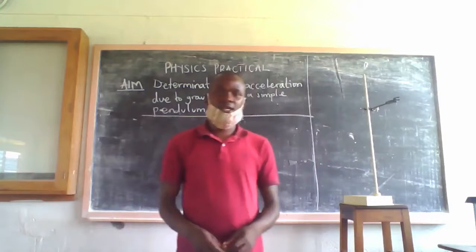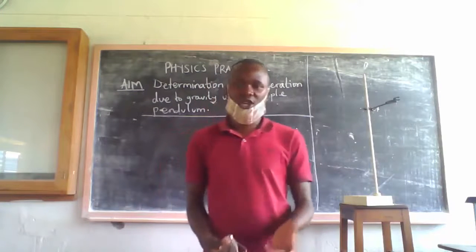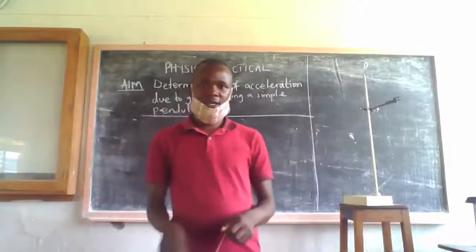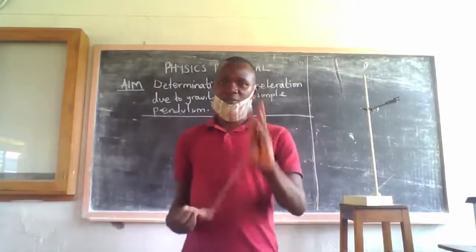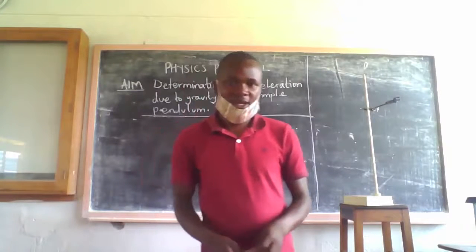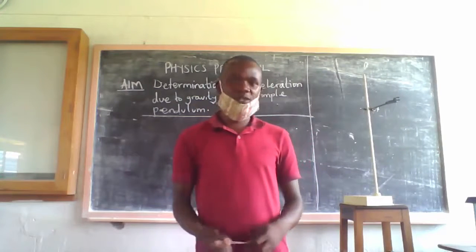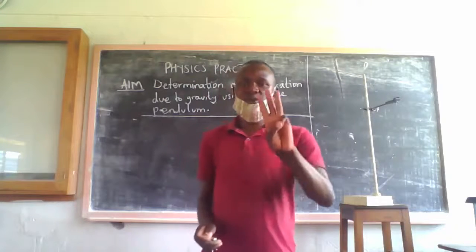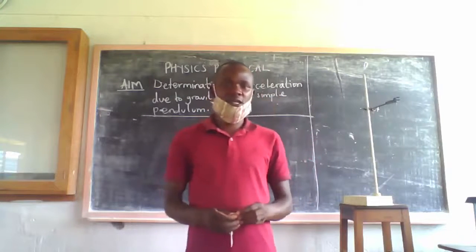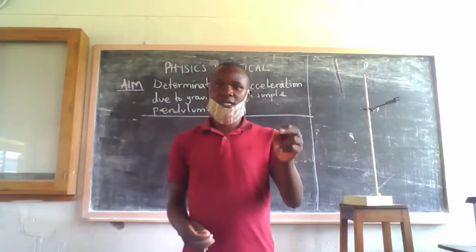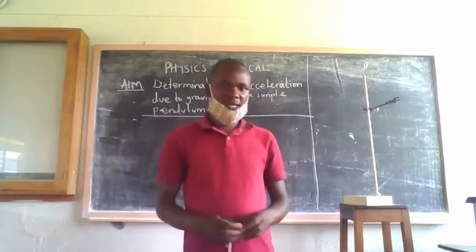This morning, you will allow me to share with you in physics. Physics has got 3 papers, but today I will mainly put emphasis on paper 3, which is a practical paper. And this practical paper has got 3 main topics, that is mechanics, light or optics, and then electricity.